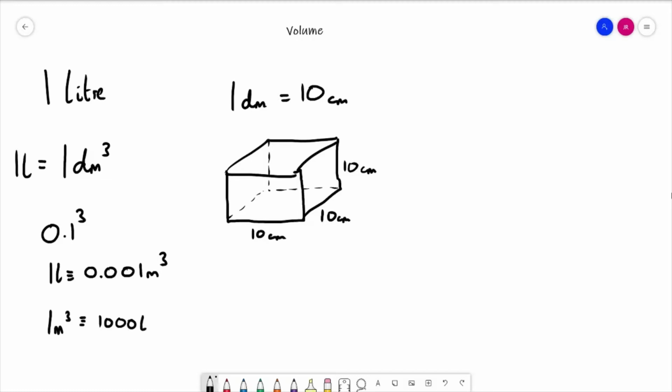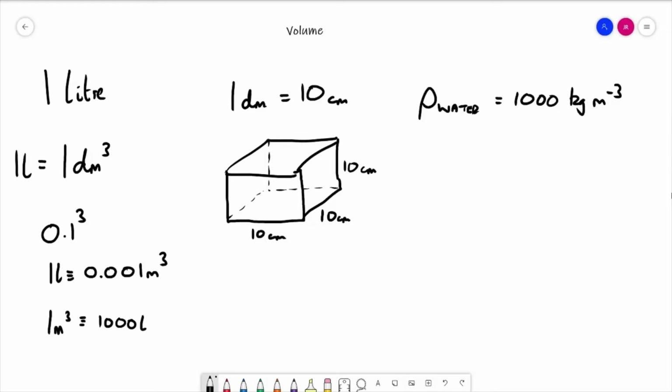Now, of course, if you flip that round, what that means is that 1 metre cubed is therefore 1,000 litres. Now, from a water point of view, remember that the density of water, and that's obviously water in its liquid form, is 1,000 kilograms per metre cubed.